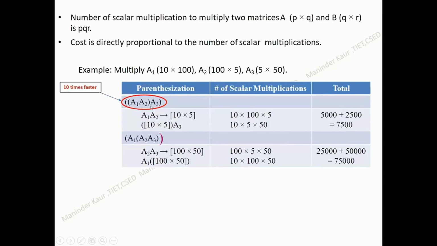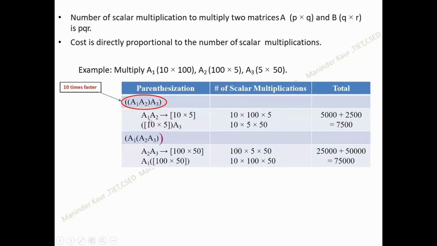If you follow this other form, the number of multiplications will be 75,000, which is roughly 10 times larger than the previous order. Both patterns give the same answer, but the first is the more efficient one, 10 times faster than the other.